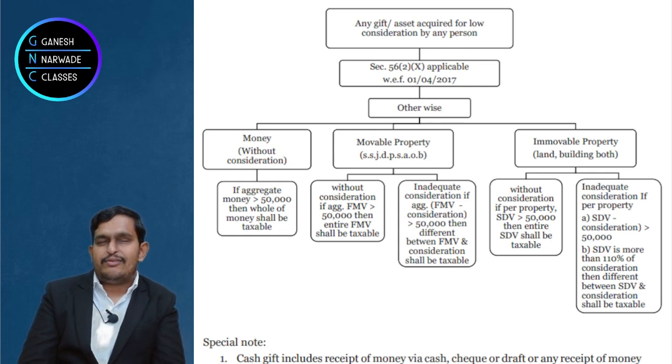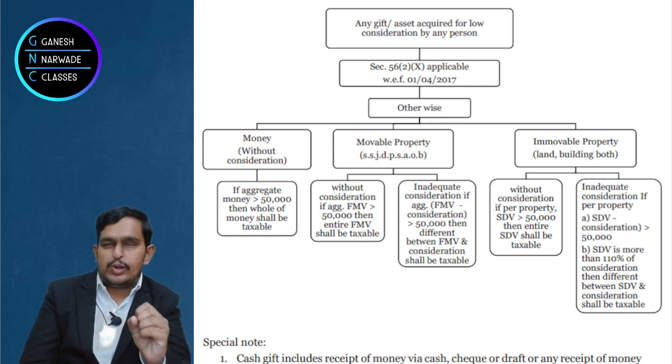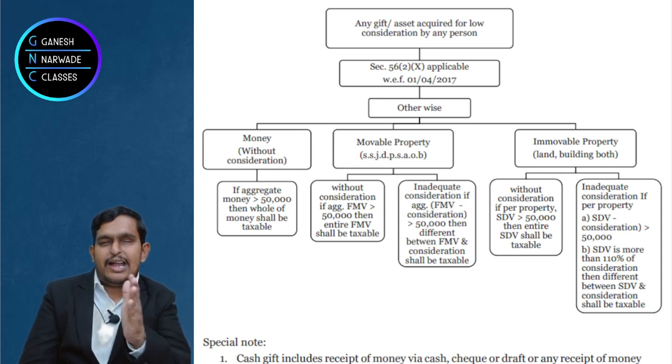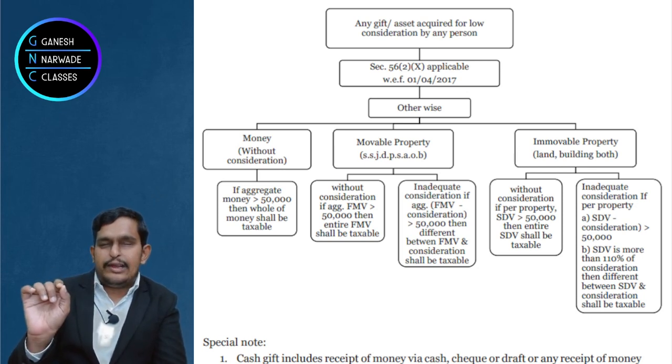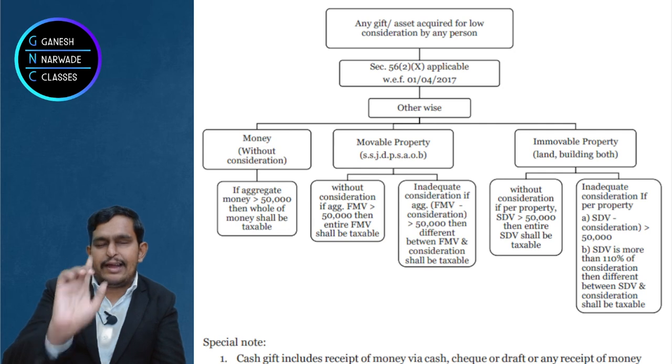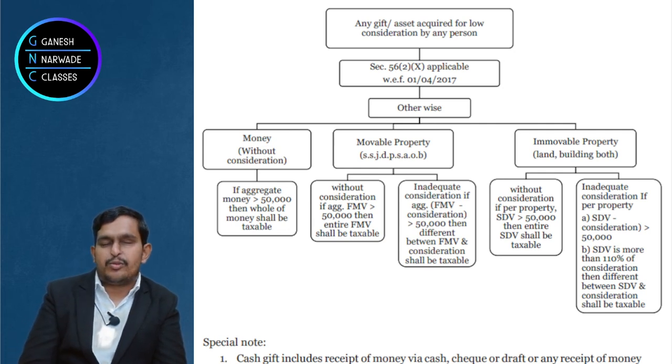The point is, when I talk about special note 2, you see, cash and movable property, we'll check the aggregate of the gifts throughout the year. Whereas for immovable property, only a single gift should be checked for this 50,000 rupees.